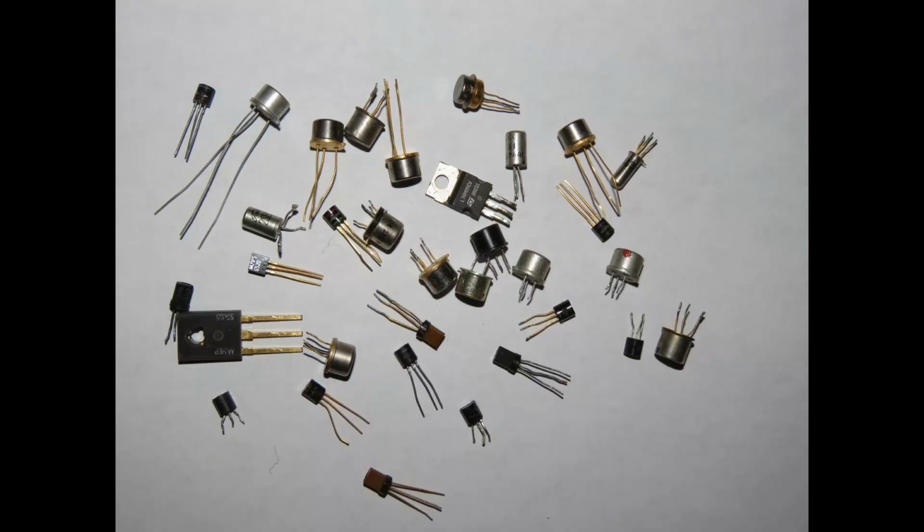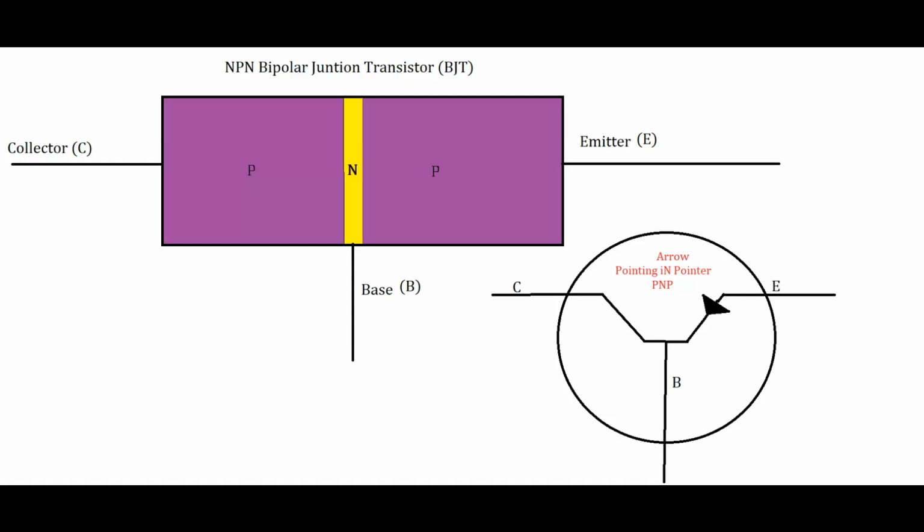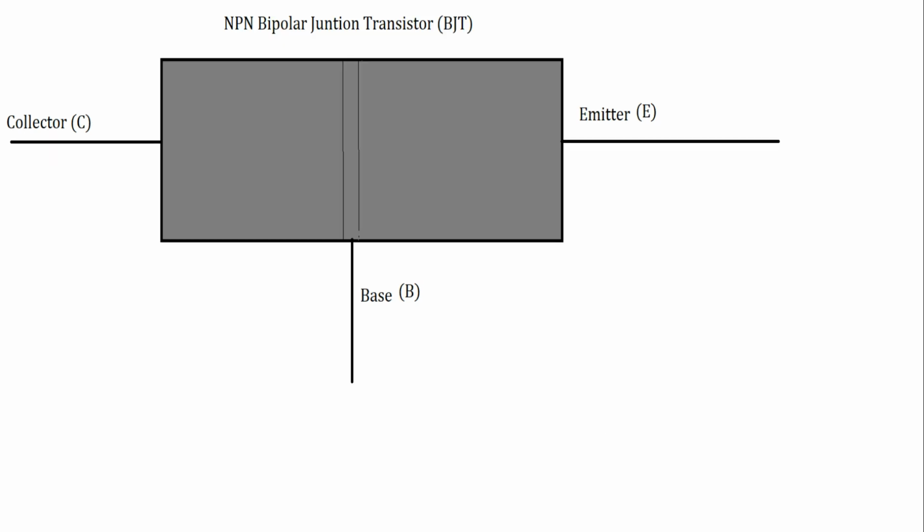A lead or a pin is a prong coming out from the bottom of the transistor that is connected to either an N or P-type material and is used to connect the transistor to the circuit. The base is usually between the collector and the emitter, and then the collector is on one side of the transistor and the emitter is on the other side.